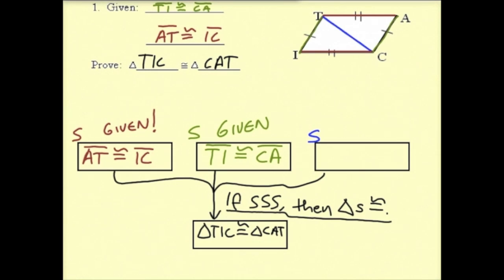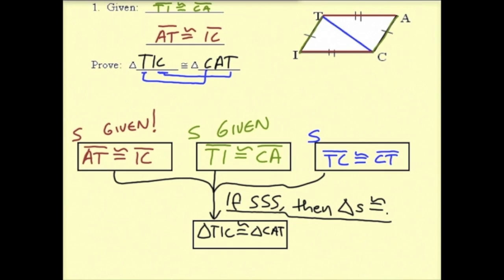So that shared side is kind of strange. In triangle TIC, I see that the segment is, if we follow the order of the letters, then the segment would be called TC. However, the corresponding segment in triangle CAT would be, instead of TC, it would actually be CT.